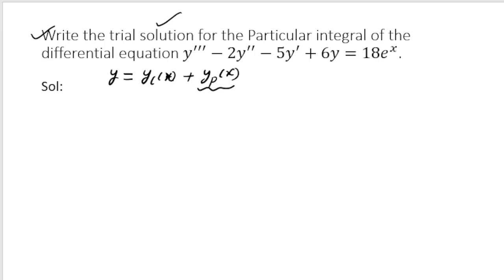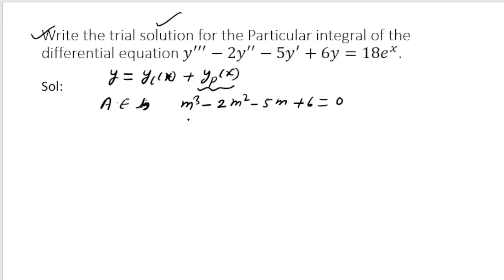Now if I write the auxiliary equation, what is the auxiliary equation? Auxiliary equation is m cube minus 2m square minus 5m plus 6 is equal to 0. I am not going into the detail of finding the roots. I would leave this for you.